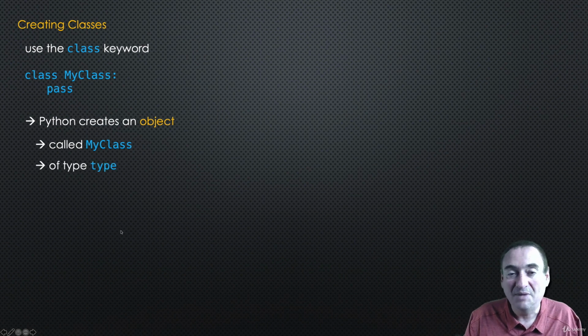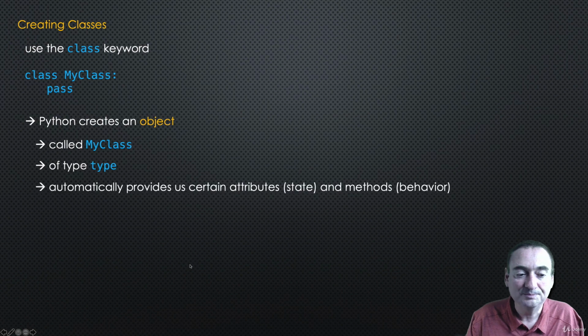So if this is sitting in the root of your module, when your module is imported, is loaded, then this my class object will get created, just like the functions get created when the module is loaded up. So Python creates this object. Now this object has a name, just like a function has a name. This object has a name called my class. Now the type of my class is the type object, right? It will be type. We'll see that in the code.